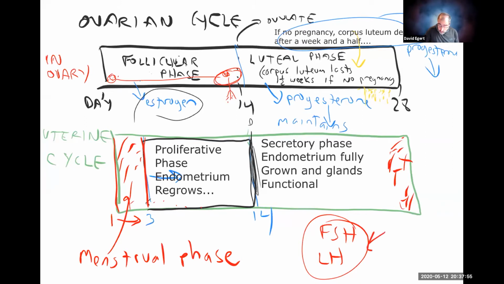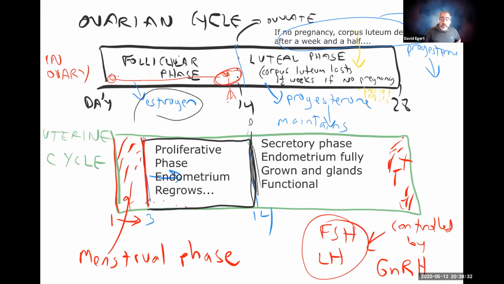So these are controlled by gonadotropin releasing hormone. This is one of the big differences between men and women: in the guy, gonadotropin releasing hormone just gets pulsed out every few hours. So the guy is just making sperm and making testosterone all the time.